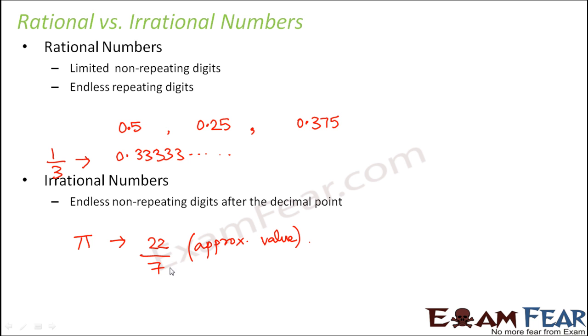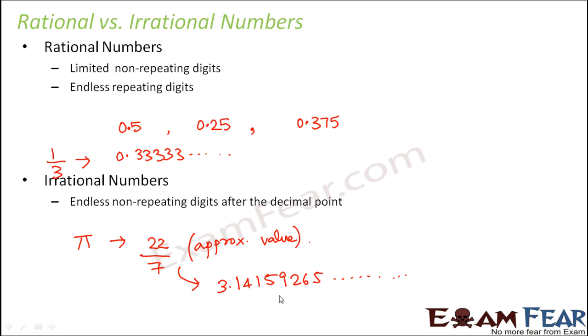But if you actually convert this 22 by 7 into decimal form, what do you see? You see that the value comes out to be 3.1415925 and so on, and it never ends. So in this case also it doesn't end, but you have different digits after the decimal. Like in the earlier case you had the same digit repeating endlessly, but here you have different digits endlessly.